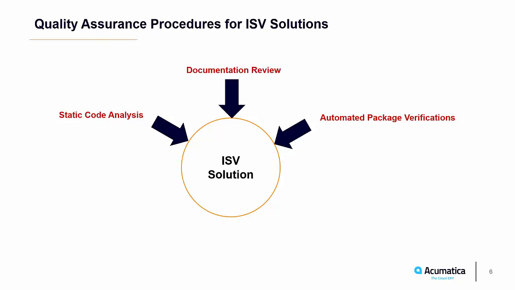It will validate attributes on your fields in the customization project. So we really recommend you utilize that tool during development. But again, we also use that tool for review of ISV solutions and during the certification of ISV solutions.